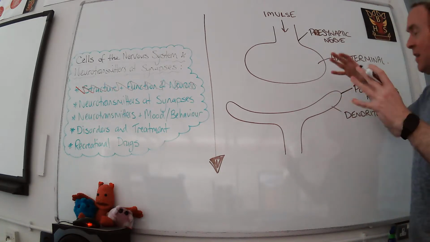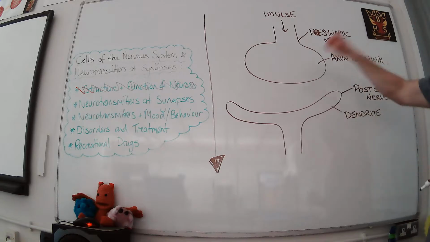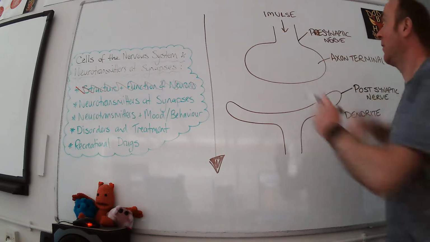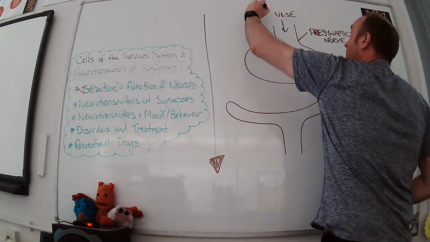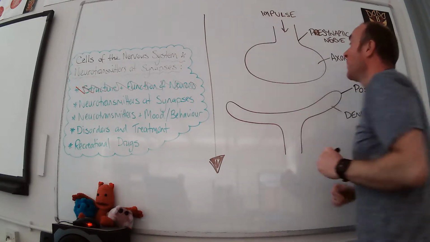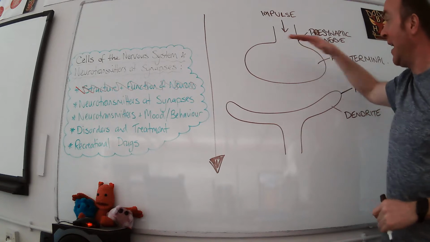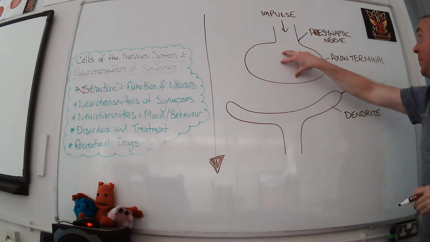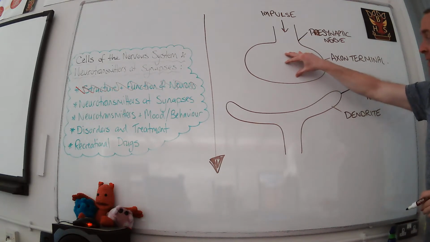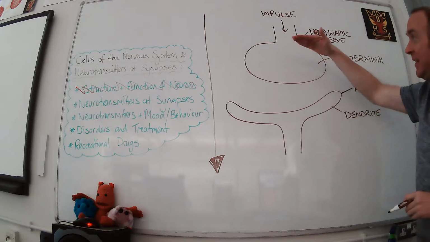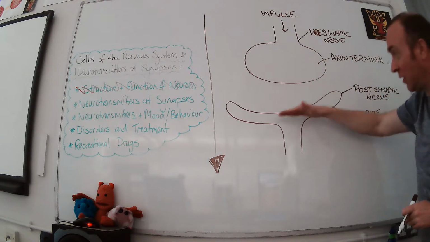That's to try and help you zoom right in and understand what we're looking at here. I've spelled impulse wrong as well, you've probably noticed that already. Then the nerve impulse comes through a nerve, it gets to the end of the presynaptic nerve, and somehow the signal has to get from here to the postsynaptic nerve.